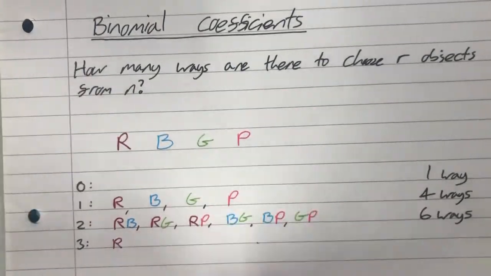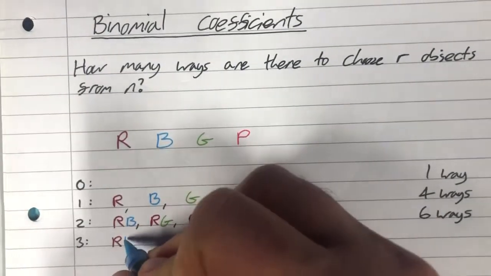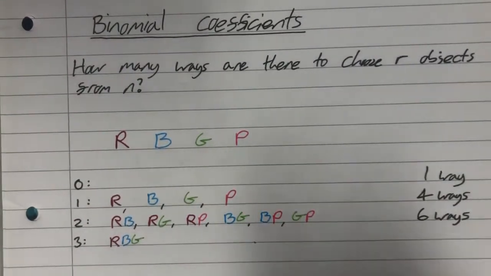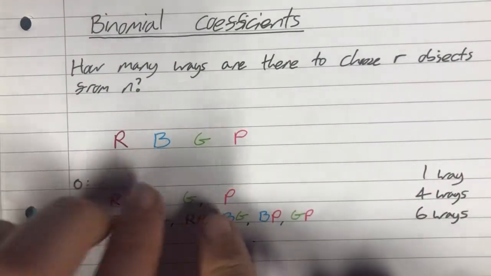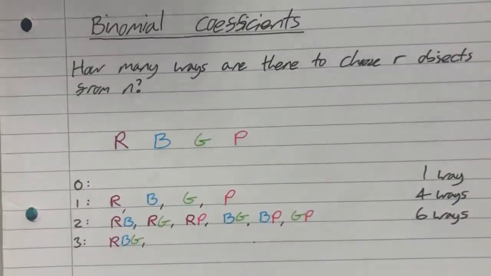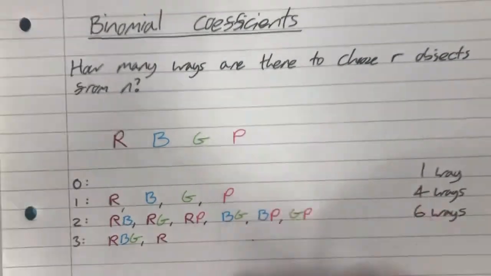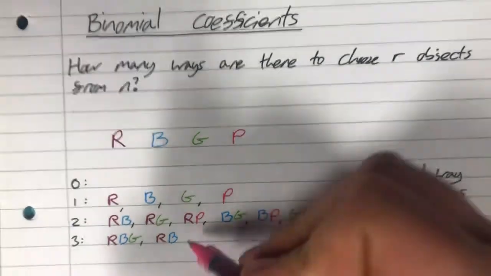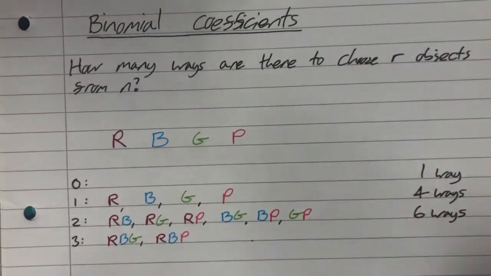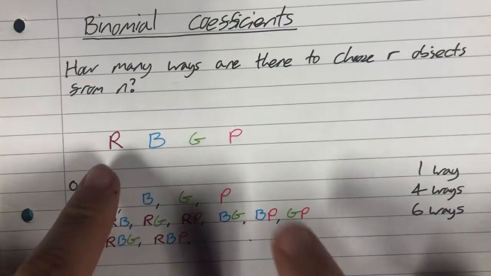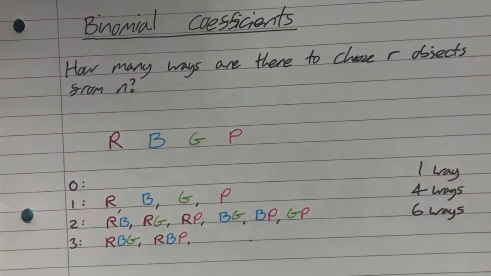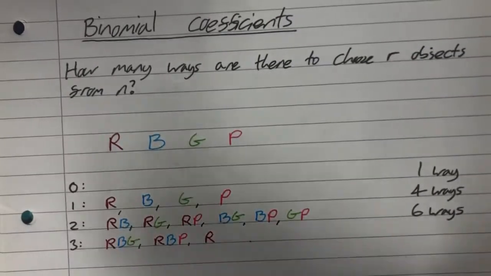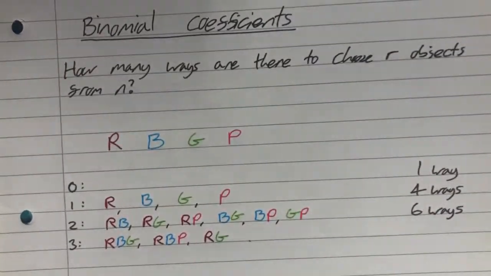All right, so red, blue, and green. Okay, that's one way. Or I could choose red, blue, and pink. Or I could choose red, green, and pink.